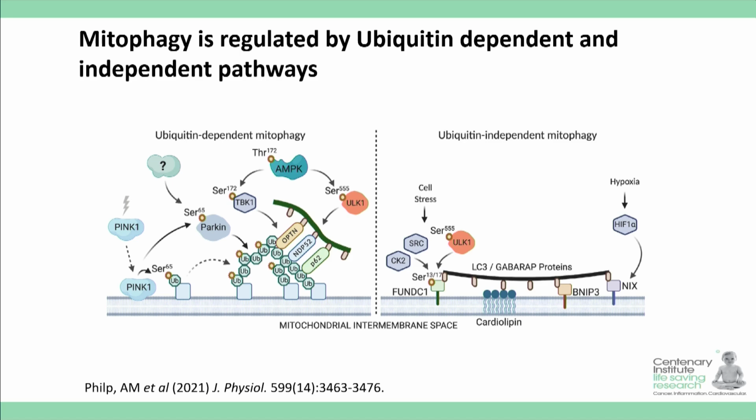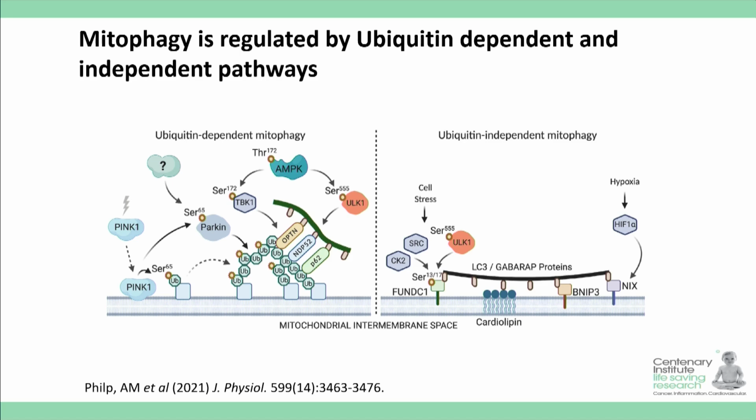This event will then trigger a number of things, but the key point here is that Parkin, as an E3 ubiquitin ligase, will bring ubiquitin to the receptors on the mitochondrial membrane, which work as scaffolds for a number of different autophagy receptors. So Michael Lazarou, when he was in Richard Youle's lab, showed quite nicely that 3 receptors are critical for this process: optineurin, NDP52, and P62.